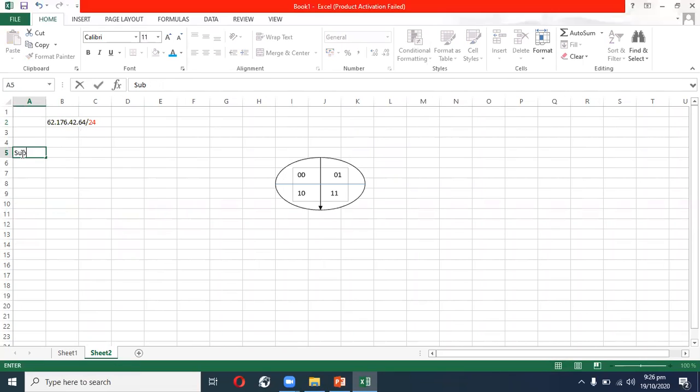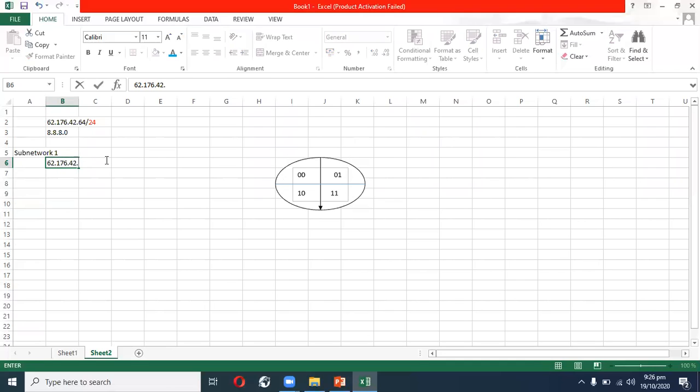So let's say subnetwork 1. As we already know, 24 is 8.8.8.0, so this part will be the same. 62.176.42 are fixed.